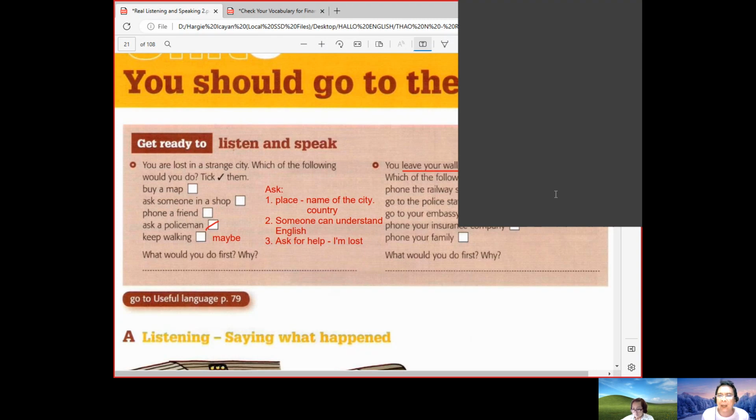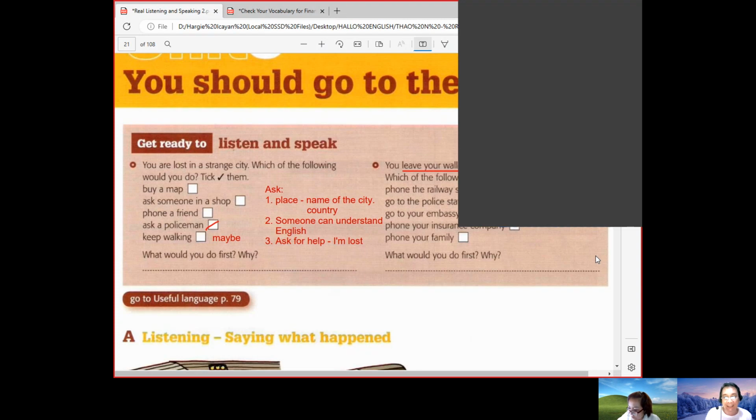So that would be a very good thing. Description of your wallet, right? Let's say it's blue, or something that has a letter in it, and how much and what are the things inside your wallet. So that would be a very good description. Then aside from that, you have to tell them about the time that you left your wallet.